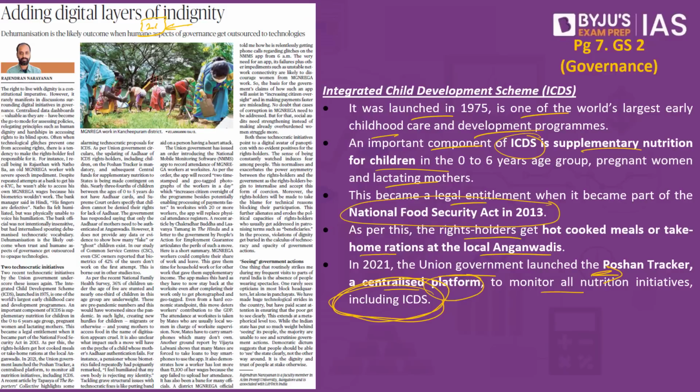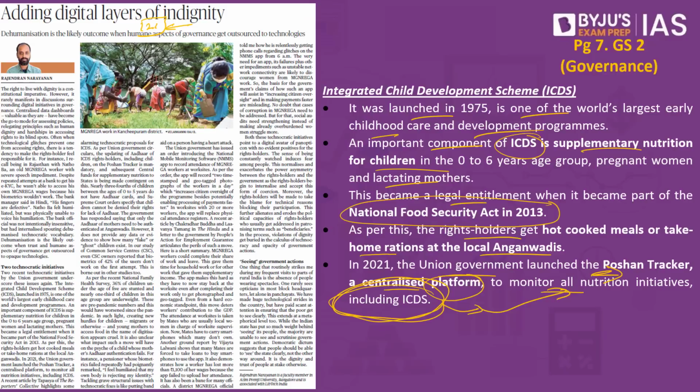At the same time, initially when this program was drafted, it also said that children should also have their Aadhaar authenticated. But the Supreme Court of India ordered that children cannot be denied their rights just because they do not have the Aadhaar. And as a result, what did the government say? The government said that Aadhaar authentication is only for the mothers, and only when it is authenticated, that is when all these benefits would be given to the people.